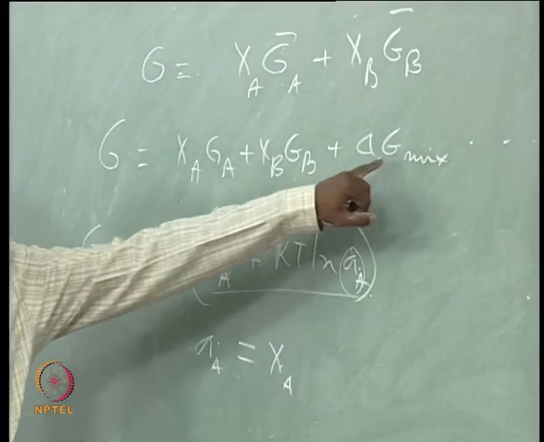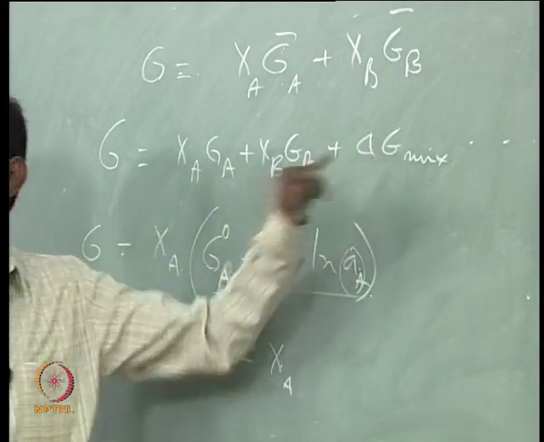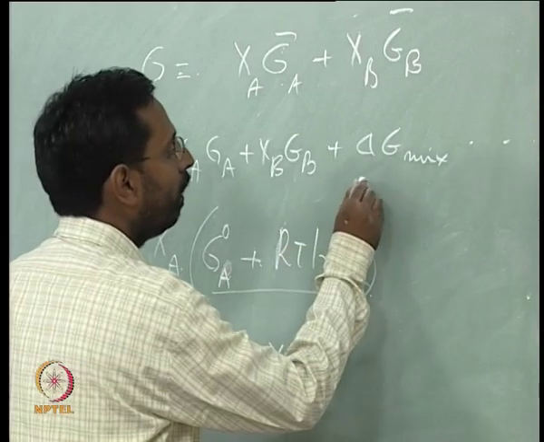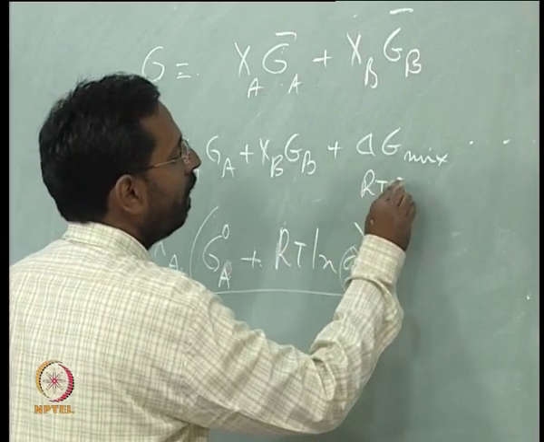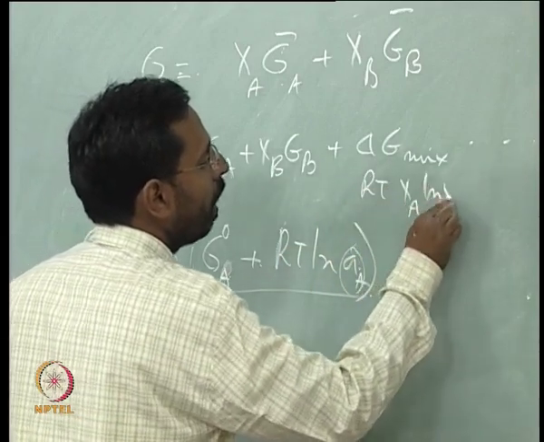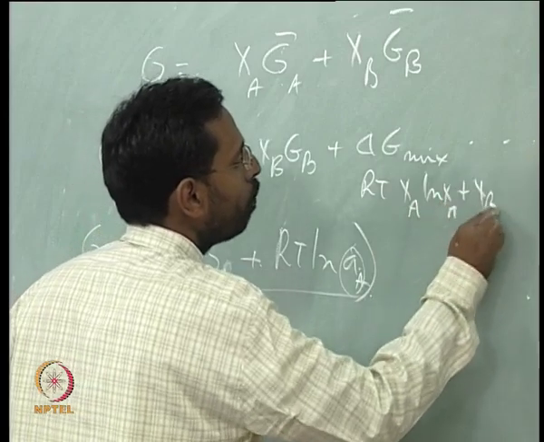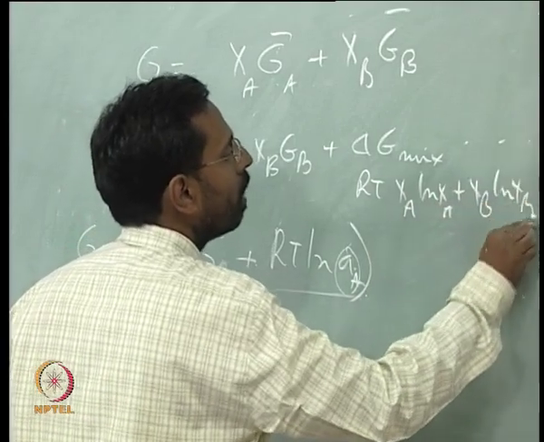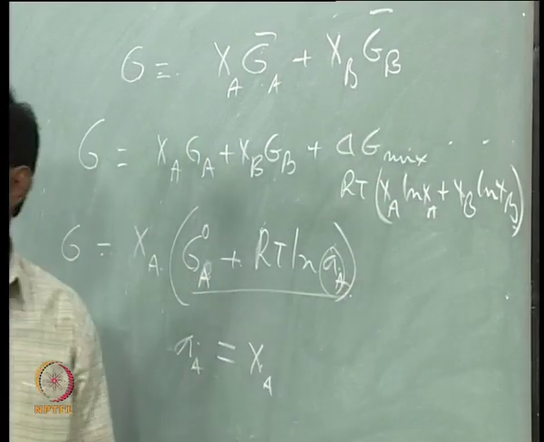And if that is the case, then in the case of delta G mixing, you will see that this turns out to be RT (XA ln XA plus XB ln XB), where delta H mixing goes to 0.